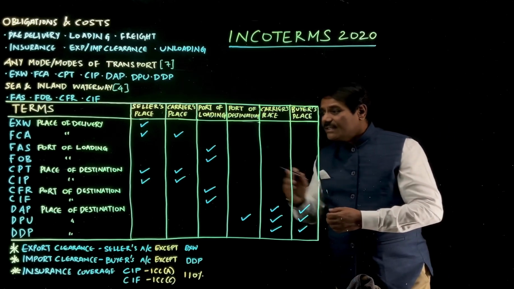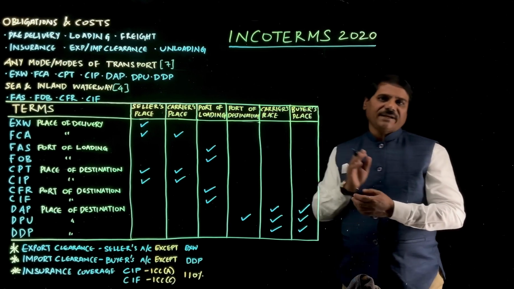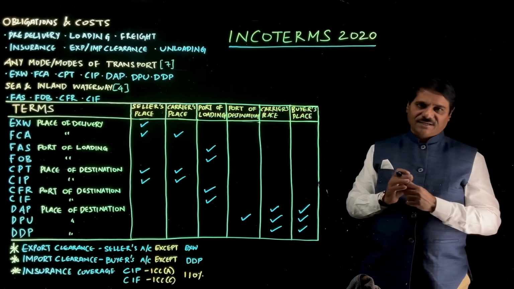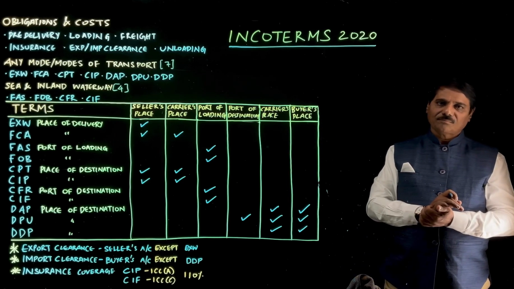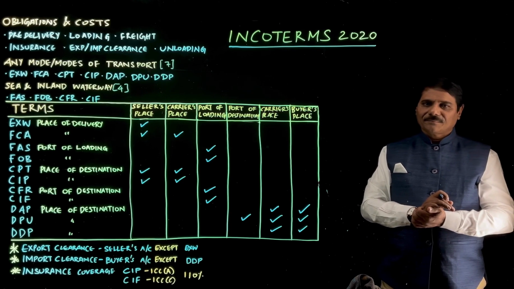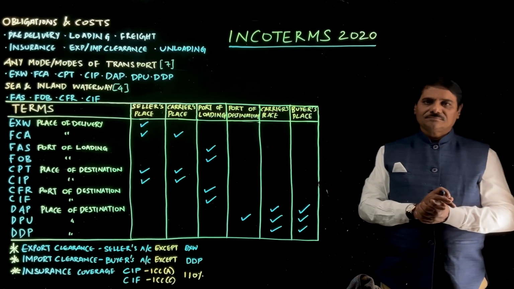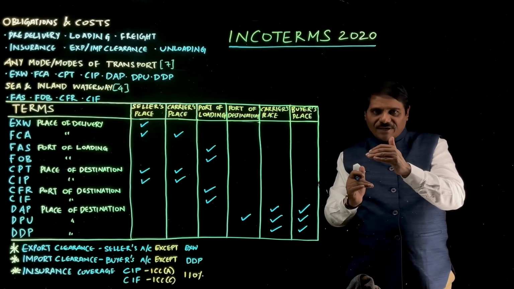And the other one, CIF, cost, insurance and freight. Again, insert port of destination. CIF Dubai. Similar to CIP. So what is the difference between CFR and CIF?